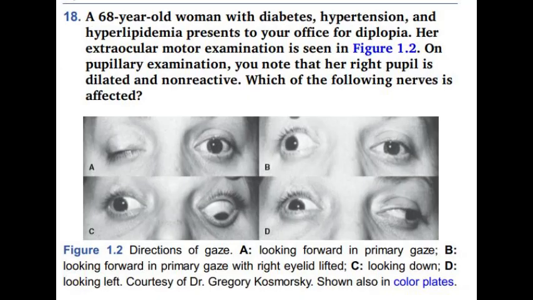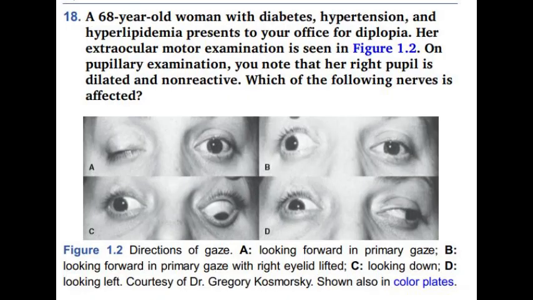Now, before we take a look at this picture, let us do a pretty basic investigation of our question. Her right pupil is dilated and non-reactive. Whenever I hear a dilated non-reactive pupil, I think, do we have unopposed sympathetic activity, either due to a lack of parasympathetic innervation or something causing sympathetic activity to be on overdrive?